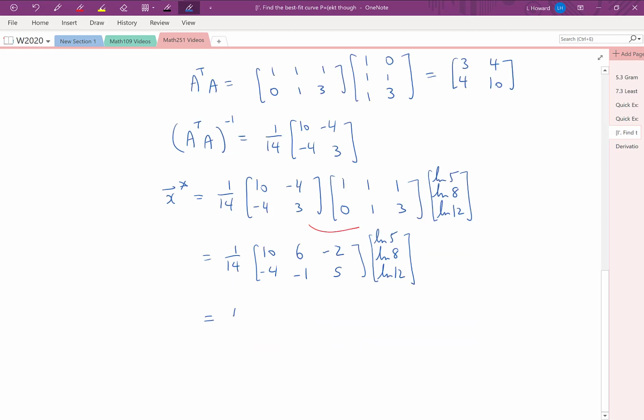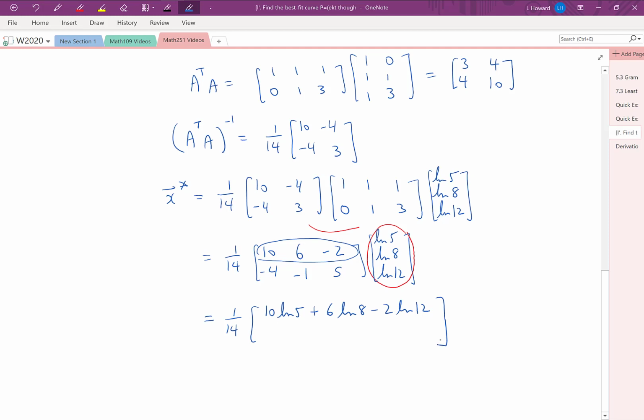Let's do one more step of matrix multiplication here. I'm going to take each row and multiply it with that column there. So we're going to get things like 10 ln 5 plus 6 ln 8 minus 2 ln 12.